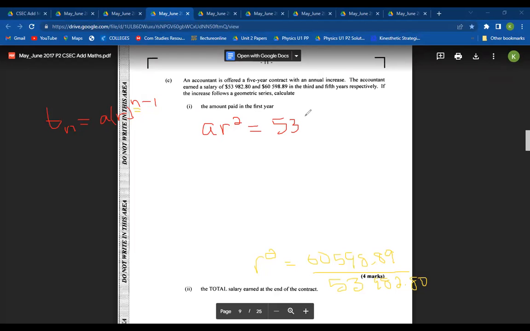So this is the equation I'm working with, 182.80. But I want to find A. I have r squared already.